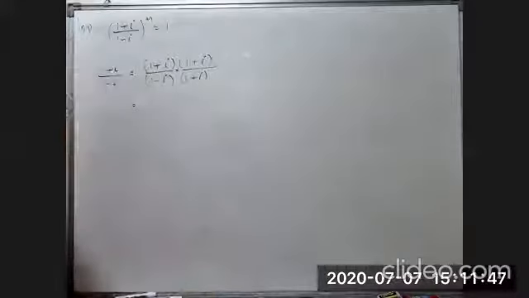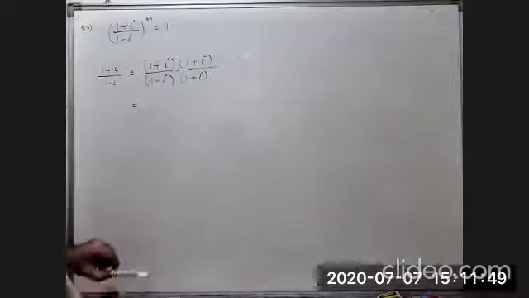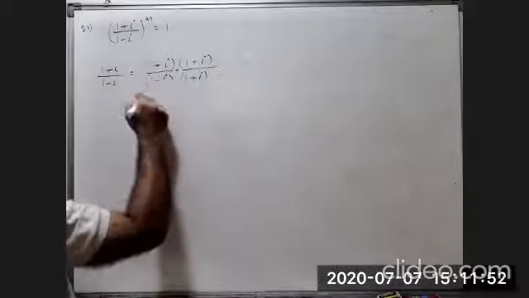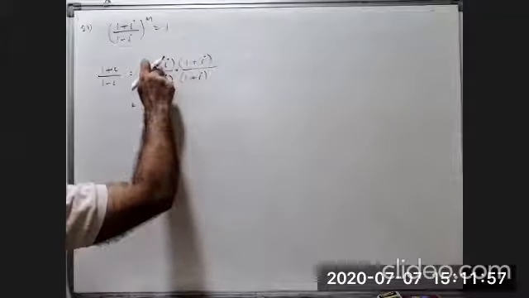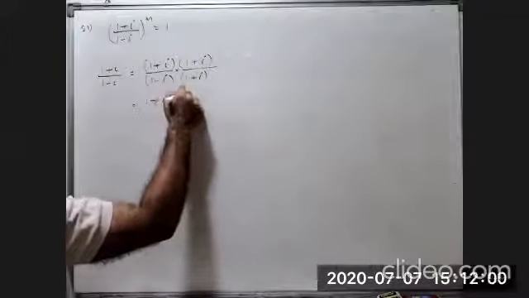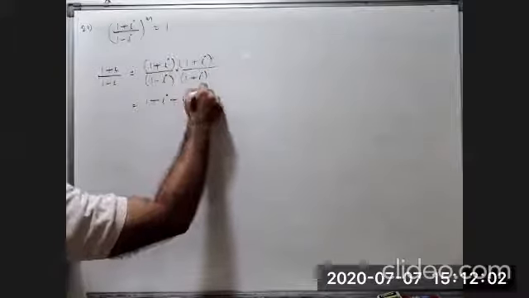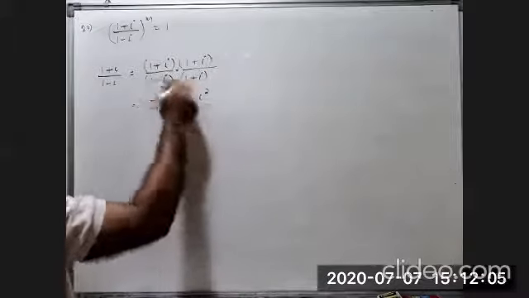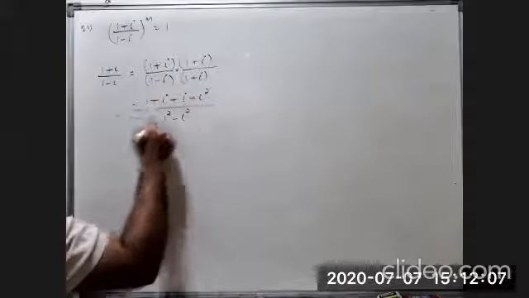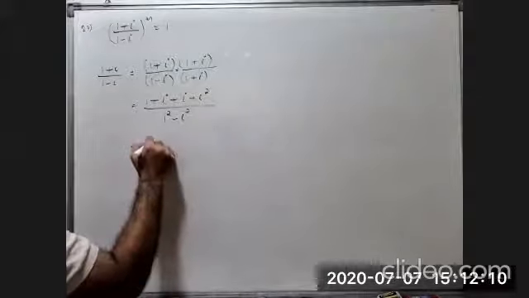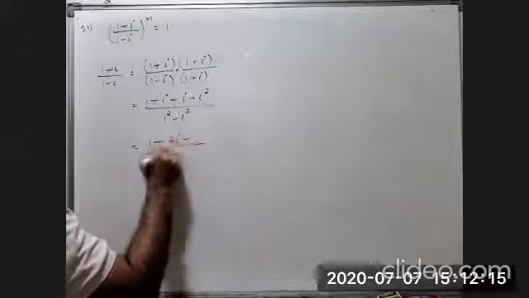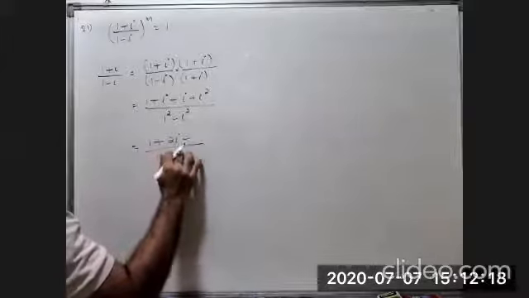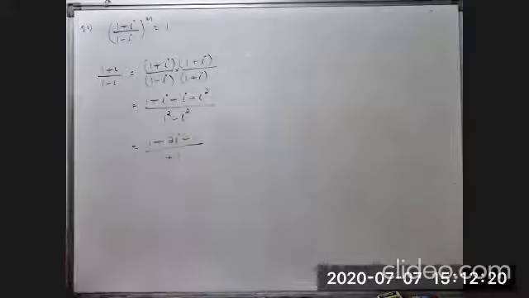Now, see, taking 1, multiplying with 1 plus i: 1 into 1, 1 into i. Now taking i into 1 is plus i, and i into i is i squared. The denominator is 1 square minus i square. Numerator: 1 plus i plus i is 2i, and i square is minus 1, so 1 minus 1 cancels. In the denominator, i square is minus 1, minus i square is plus 1, so 1 plus 1 is 2.